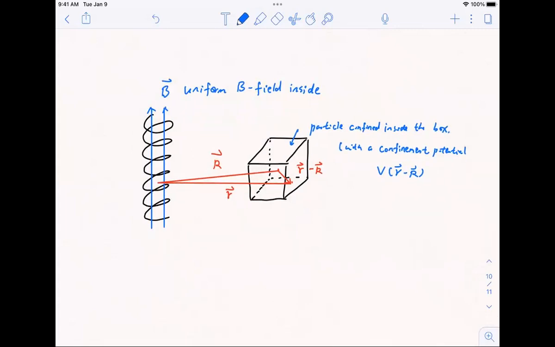So you build a box with this confinement potential, and then just trap the particle inside this box.